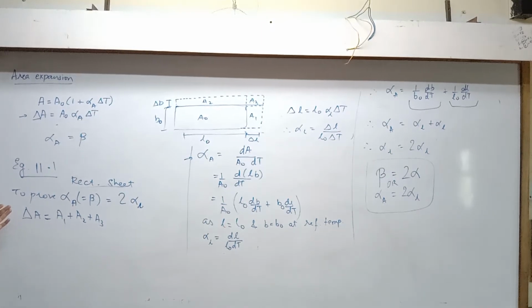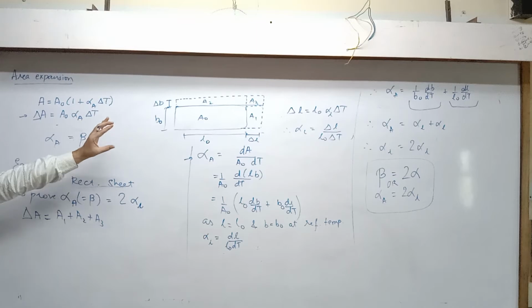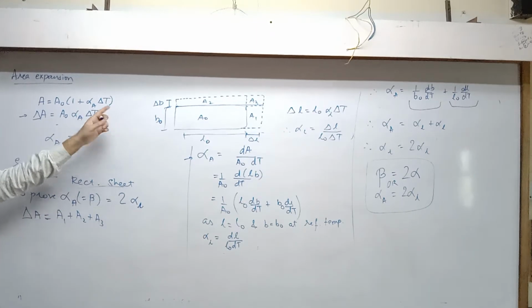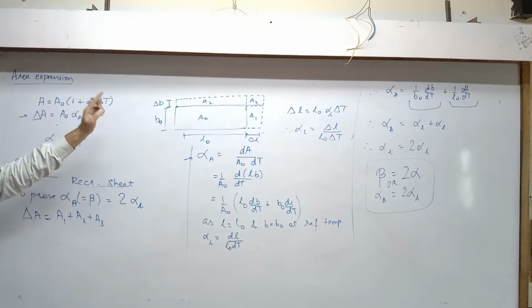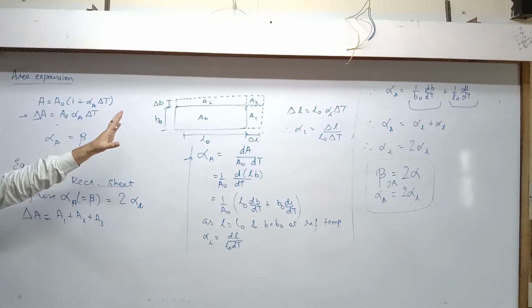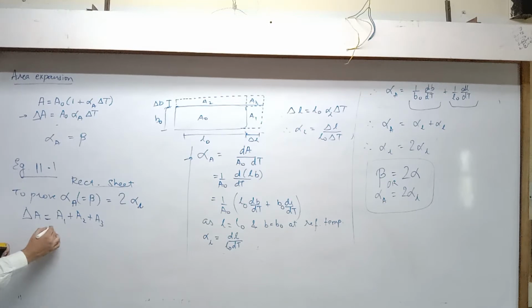Delta A is what? Increase in area or change in area. Original area is also A0. What is the added area or new increased area? A1 is here, on this side A2 is, A3. Clear? Simple to understand? Okay. Let's find these values. A1, how easy?